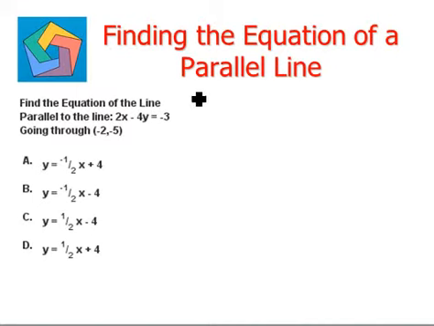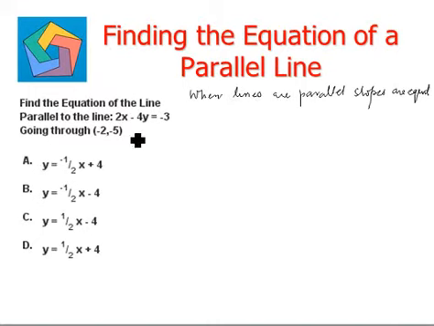First, let's see when lines are parallel, slopes are equal. So that means if we have two parallel lines, their slopes will be equal.